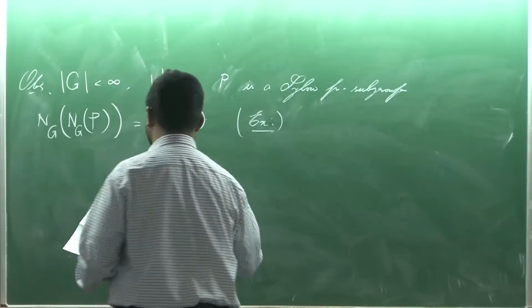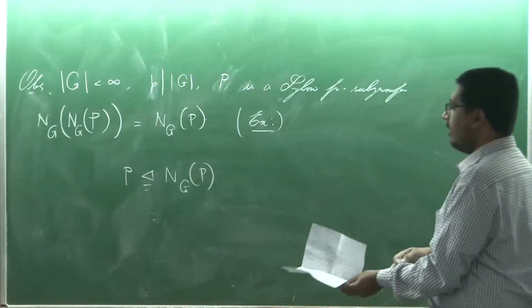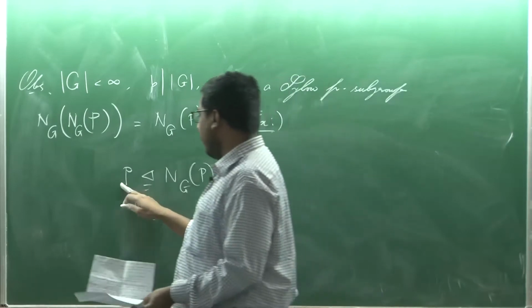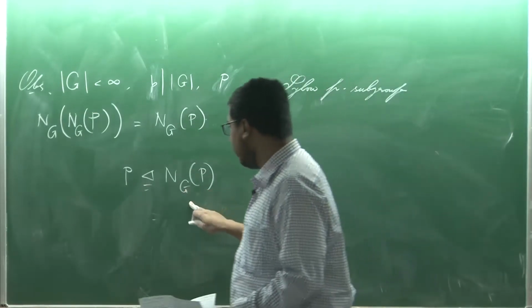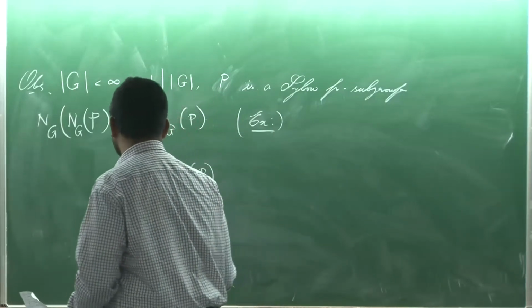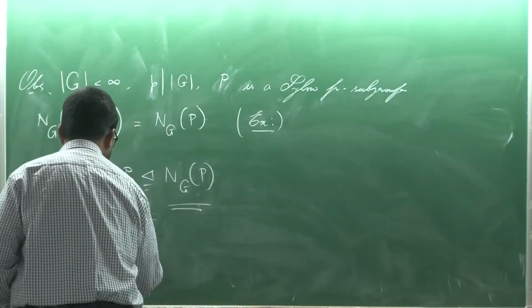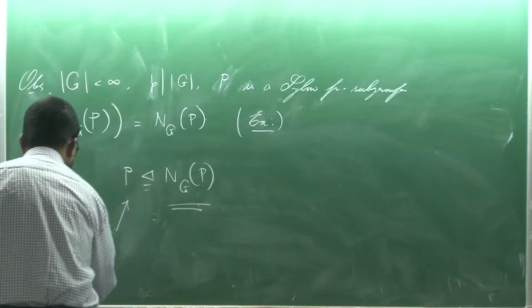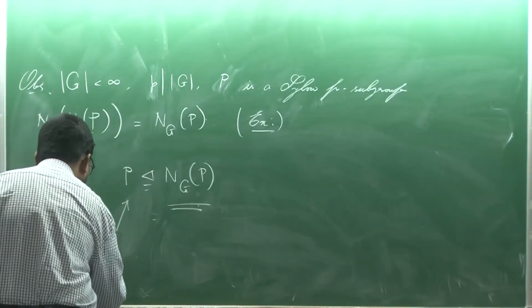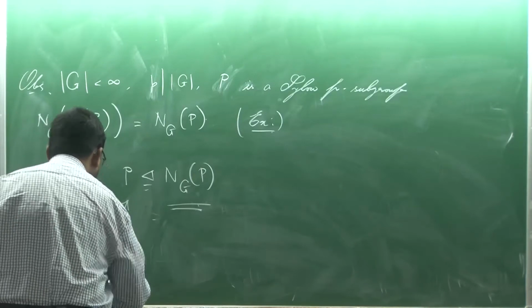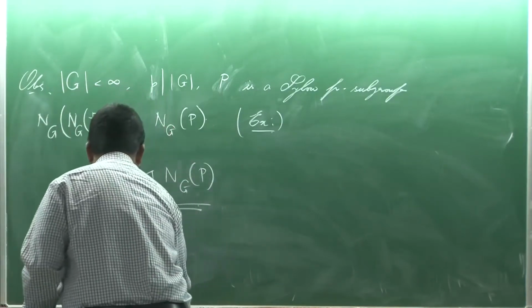That is what follows from the definition. Since P is normal in its normalizer, that means P is the unique Sylow P-subgroup of the normalizer.